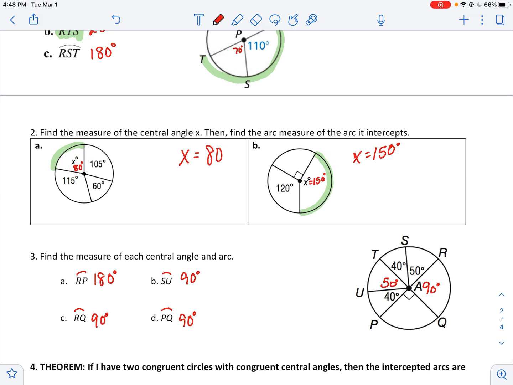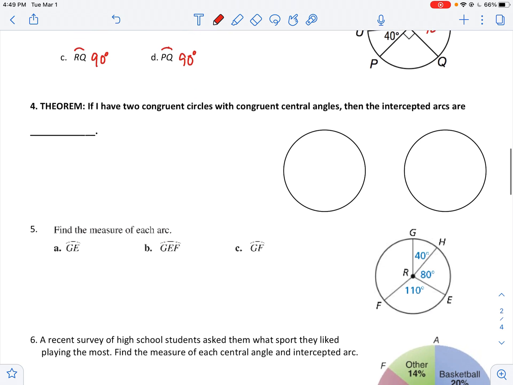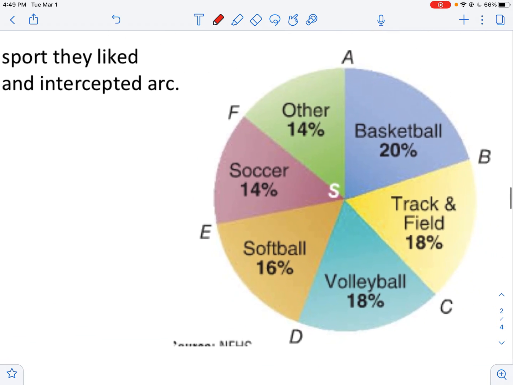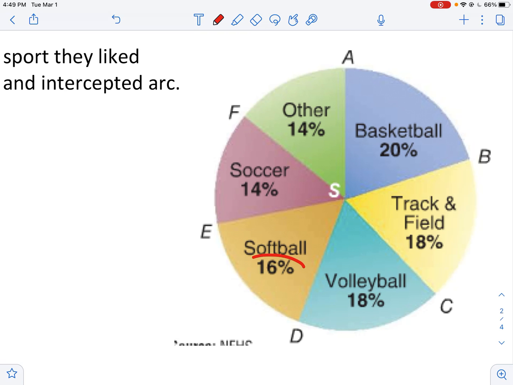And the last problem type here, if I have percents, this is when it gets a little bit tricky, because in total I want degrees, I don't want percents, I want degrees. So I have to find out what is 16% of my whole. What's 16% of 360? Or what's 20% of 360?